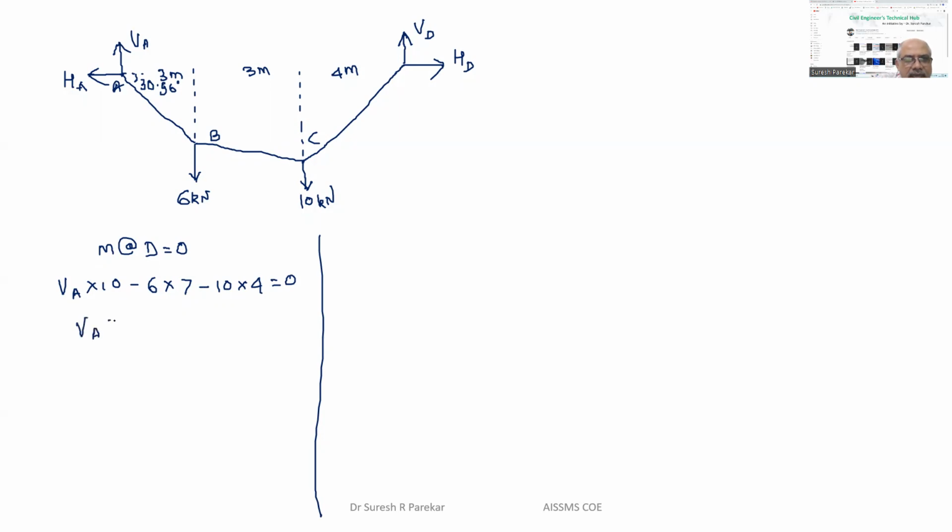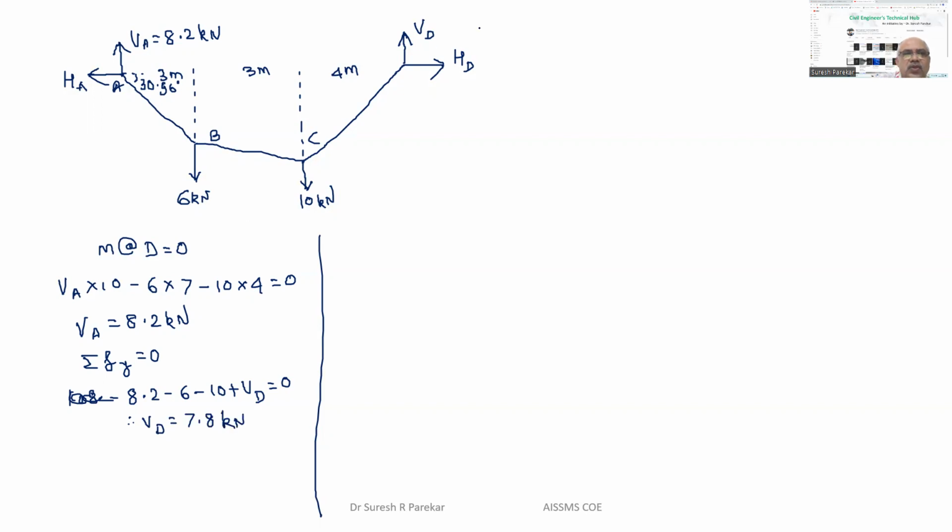So we will get VA 8.2 kilonewtons. Now apply summation Fy equal to 0. So we have VA 8.2 minus 6 minus 10 plus VD equal to 0. Therefore we will get VD equal to 7.8 kilonewtons.